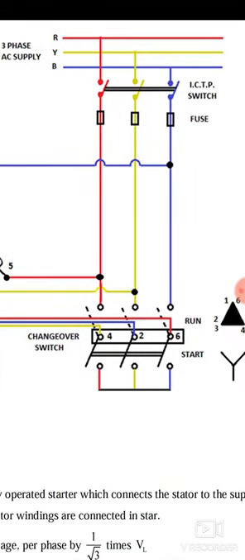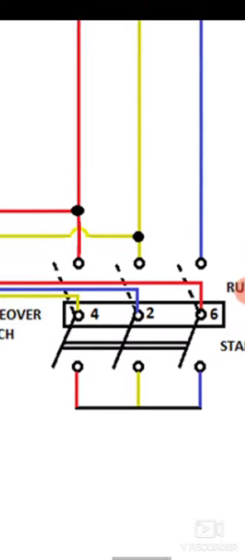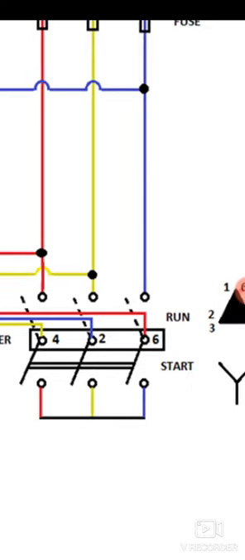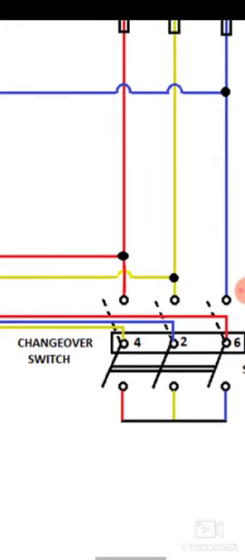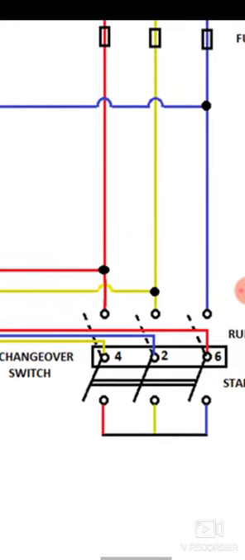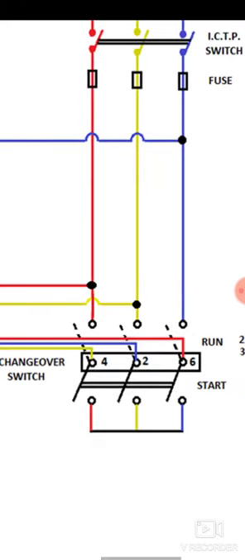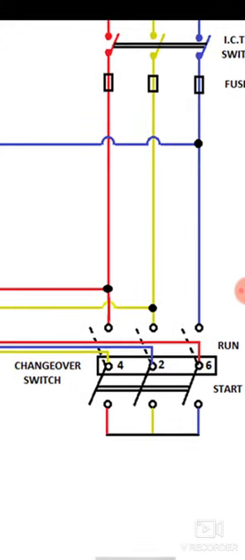Now coming towards this section, you can see that there are start and run written over here, and the two-way switch is connected, where initially the motor is connected to the bottom terminals and later on it is connected to the top terminals. Now the middle section is also known as change over switch, as it is operated manually.